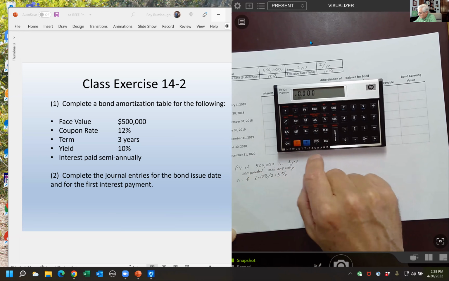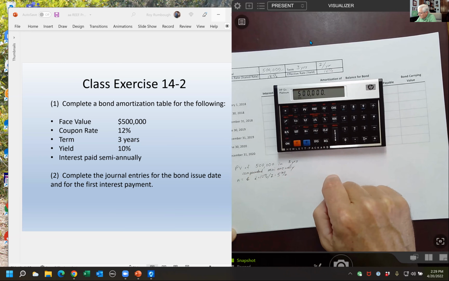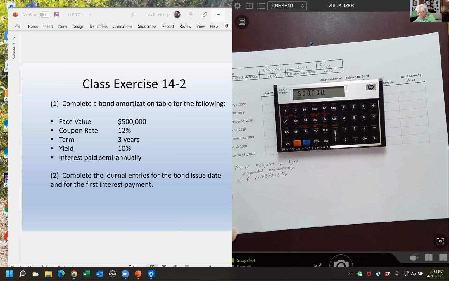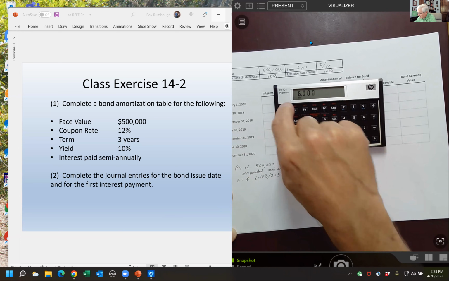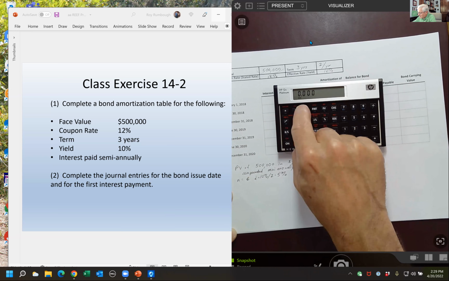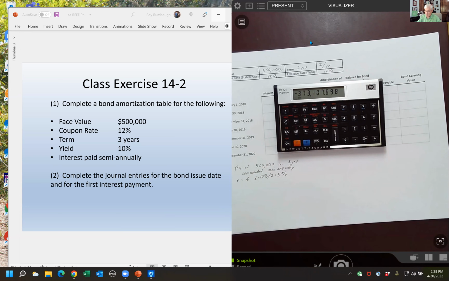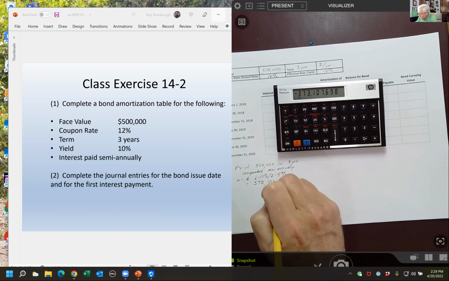Let's try this again. 500,000 is future value. There's where I screwed up. And N equals 6. Interest rate equals 5. Payment equals 0. I think that's already set there. And so it's equal to 373,108. I'll just go ahead and round that.